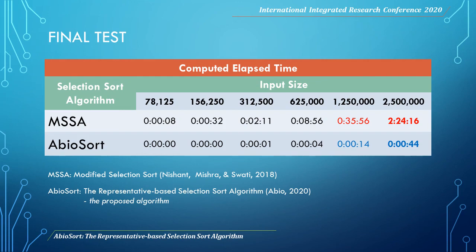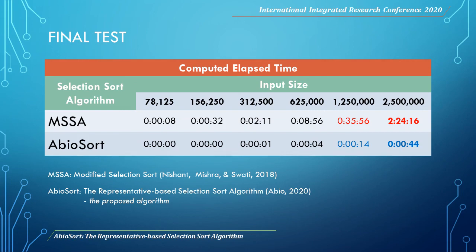Based on the efficiency test conducted in this study, I therefore conclude that AbioSort has largely improved the original design of the selection sort algorithm and that it already surpasses the performance of MSSA and the other modified versions of the algorithm that were mentioned in this video. Unlike those modified versions, AbioSort can already be applied in applications that handle large sizes of data.